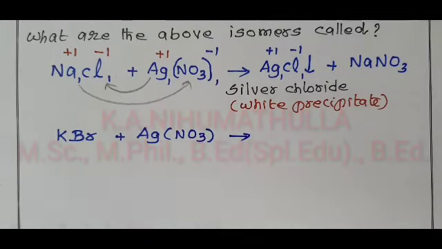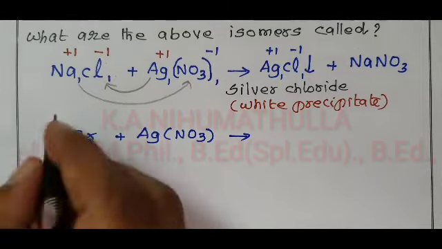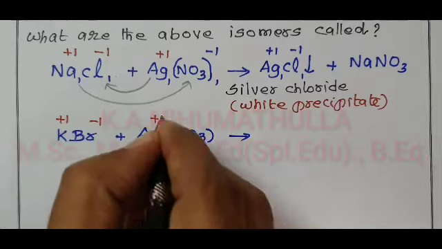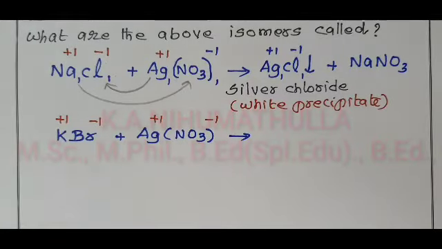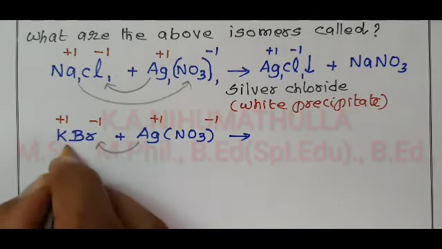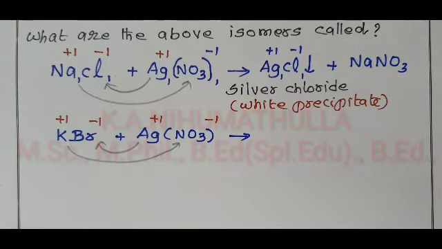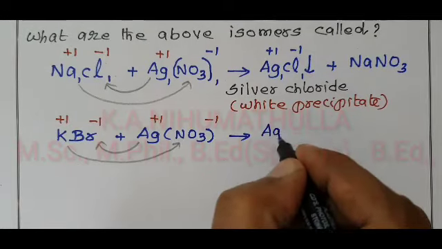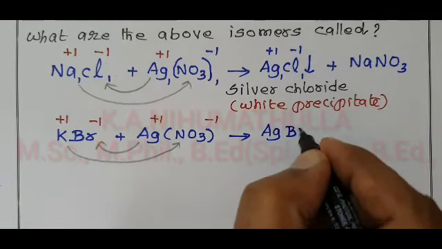Potassium, an alkali metal, loses 1 electron and becomes monopositive, silver is 1 plus and NO3 is 1 minus. All the valencies are 1, plus combines with minus, and this gives AgBr, silver bromide.